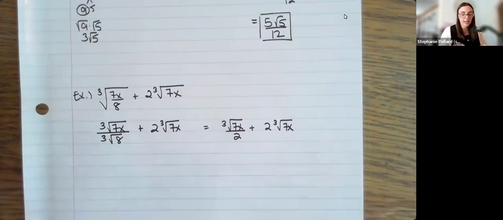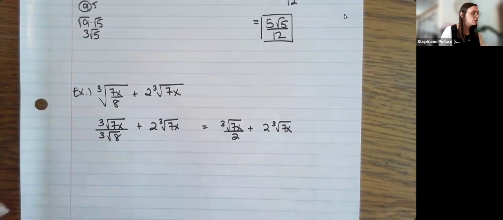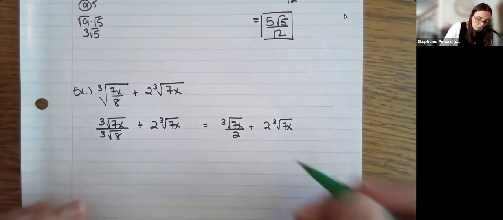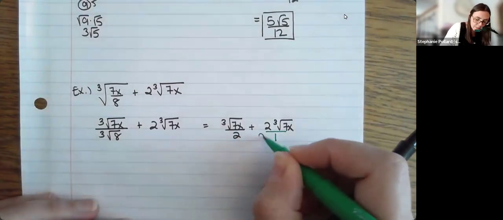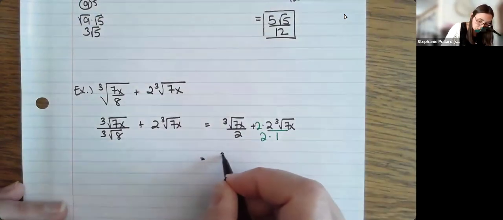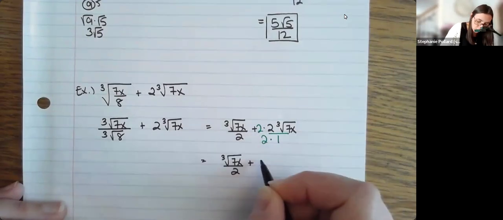Now, the nice thing here is I am seeing like radicals right away. So I know that's a good thing. But just like the last problem, I need to have common denominators because this is a fraction. So this is normally over 1. If I want a denominator of 2 here, I'd have to multiply by 2 in the top and bottom. So this becomes 2 times 2 is 4.